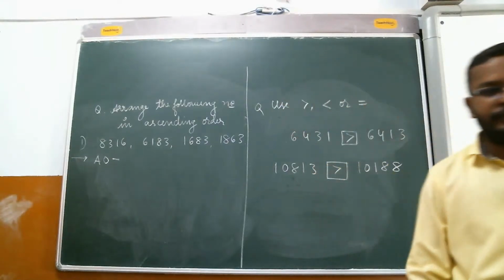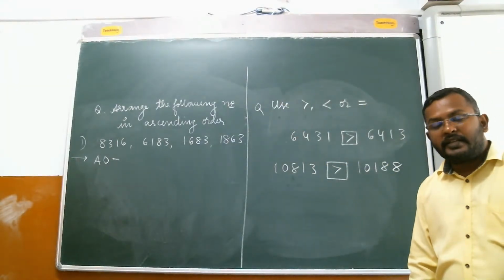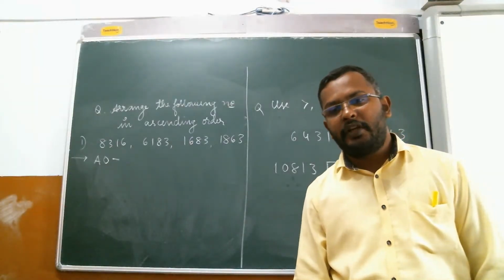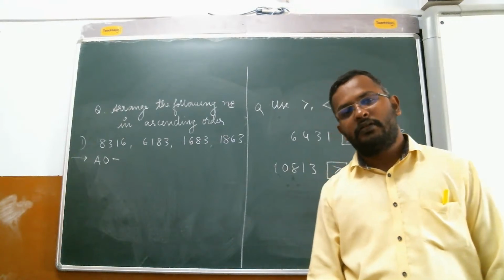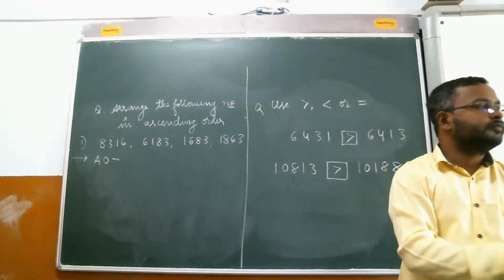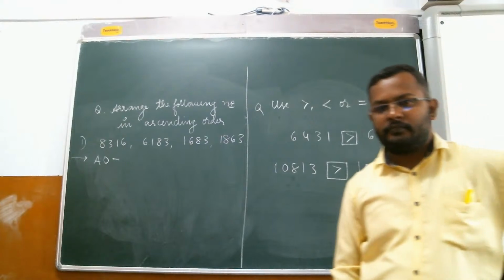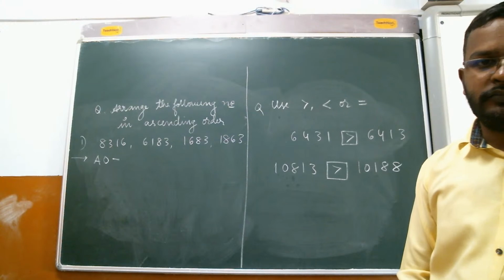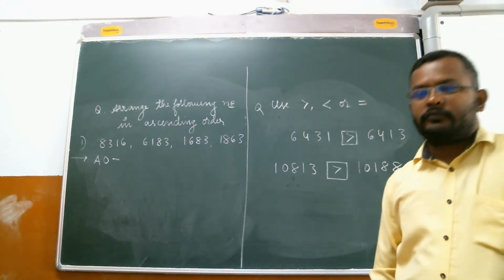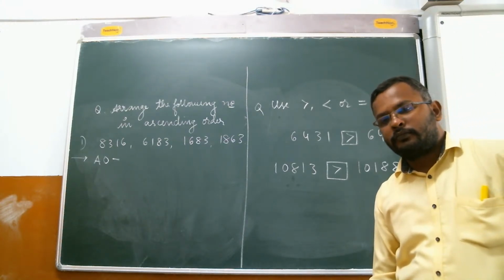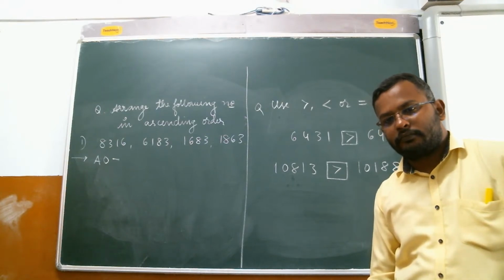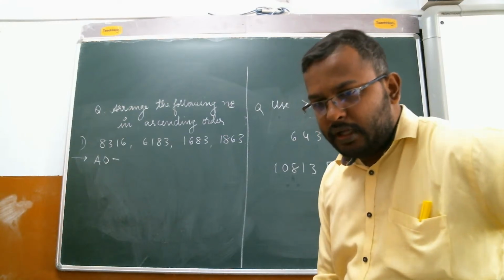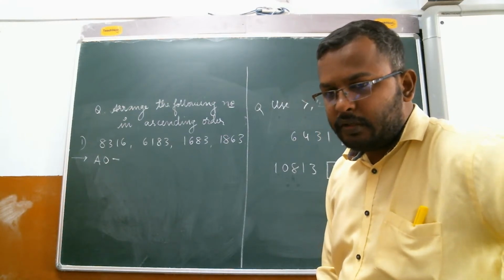In ascending order, how do we have to arrange the numbers, smaller to bigger or bigger to smaller? Real is telling bigger to smaller.